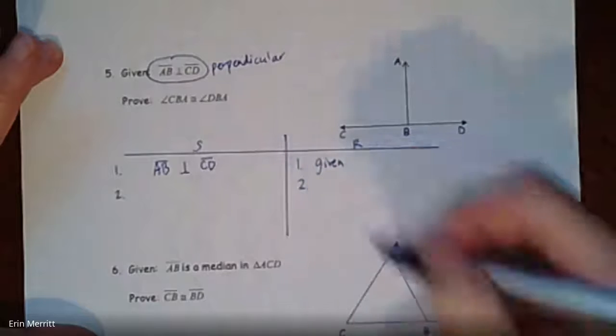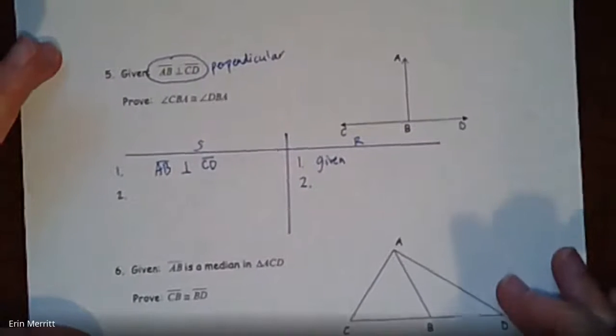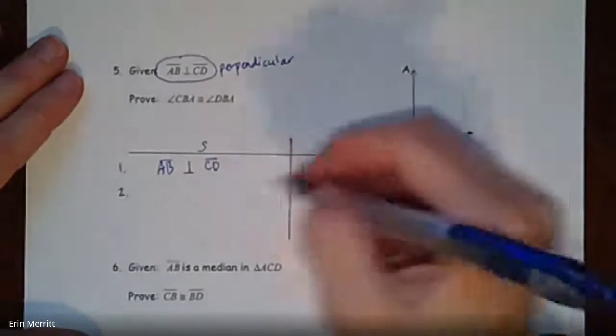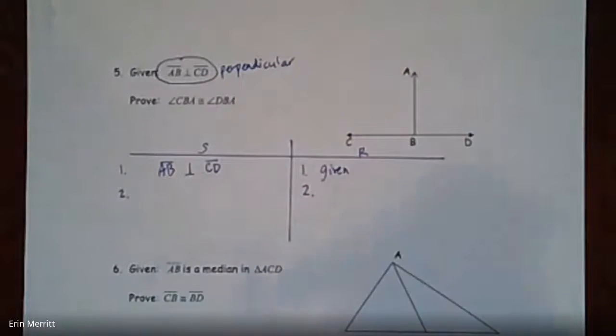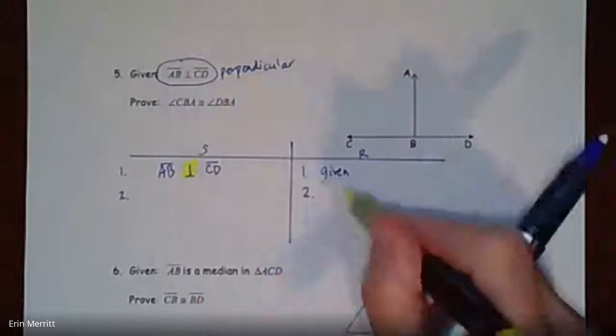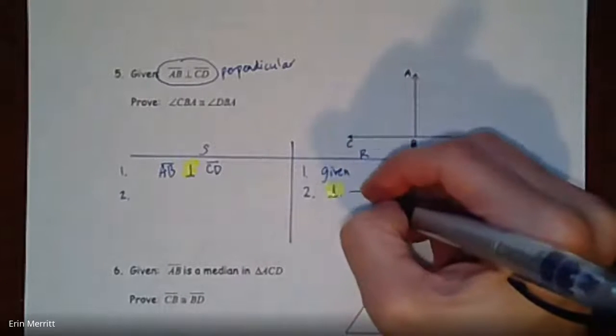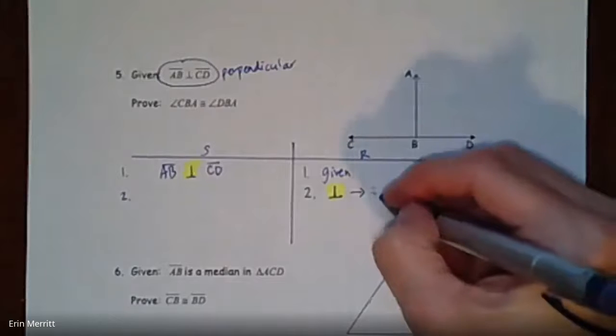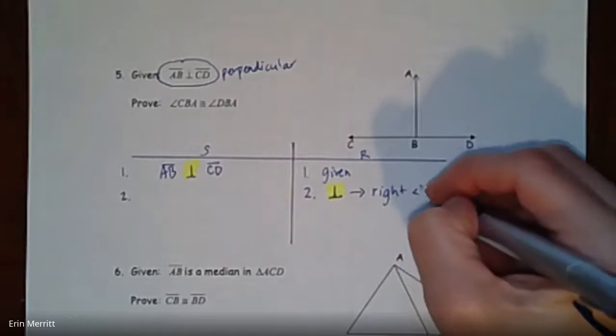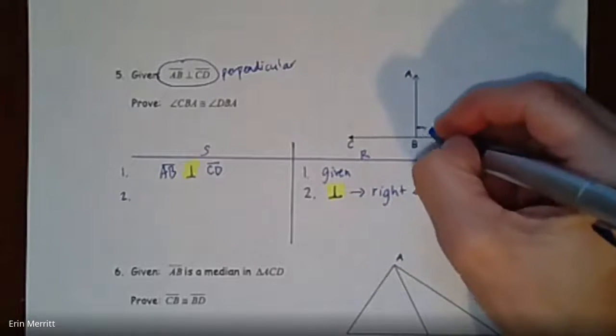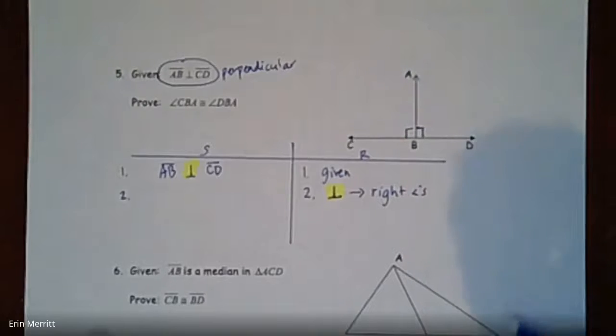Okay, on our reason sheet, we kind of mentioned that perpendicular is usually a 2-stepper. So that's your vocab right here. That little symbol is our vocab. Carry that right down here. So perpendicular is going to imply that we have right angles. So in the diagram, we can mark the perpendicular right there. And so that tells us what the right angles are.